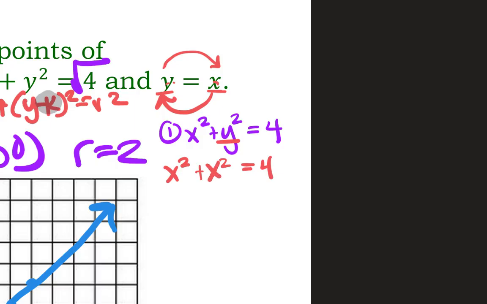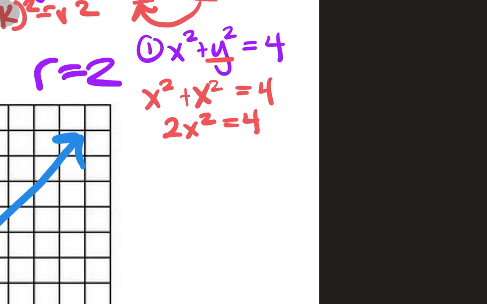How many x squareds do we have? 2. All right, I have to get the x by itself, so what would I do next? How would I get rid of the 2? Not yet. Divide by 2 first. First divide by 2. That's going to give us x squared equals 2.